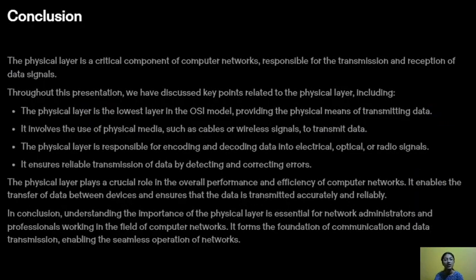At last, we can conclude that the physical layer is a crucial component of computer networks, responsible for the transmission and reception of data signals. Throughout this presentation, we have discussed key points related to the physical layer, including that it is the lowest layer of the OSI model, providing the physical means of transmitting data, and that it involves the use of physical media such as cables or wireless signals to transmit data.